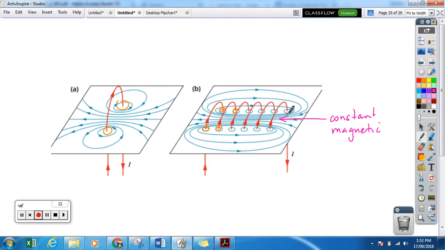So we notice that around here and around here, the magnetic field isn't that constant, and around here, the magnetic field is reasonably constant, the field lines are nice and parallel. So deep inside a solenoid, we can actually say that the magnetic field is reasonably constant.